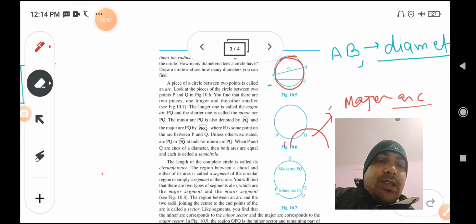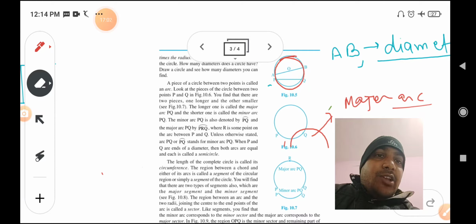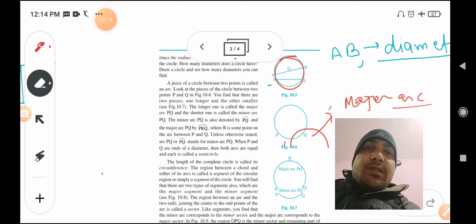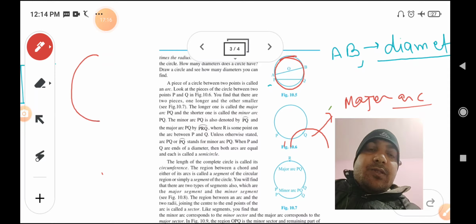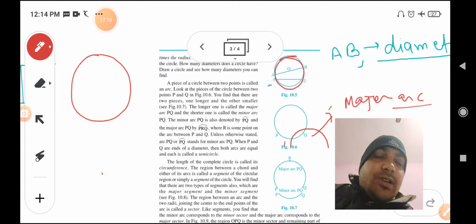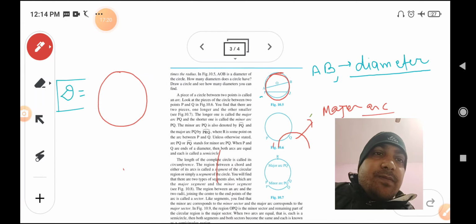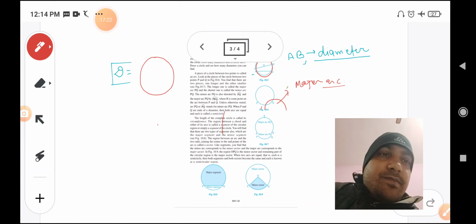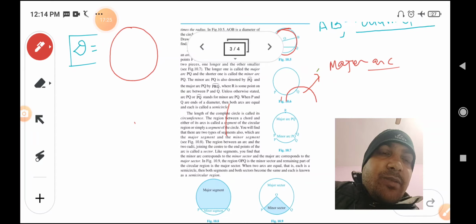Now, the region between a chord and either of its arcs is called a segment of the circle, or simply a segment. See, this is a circle. What is the segment?